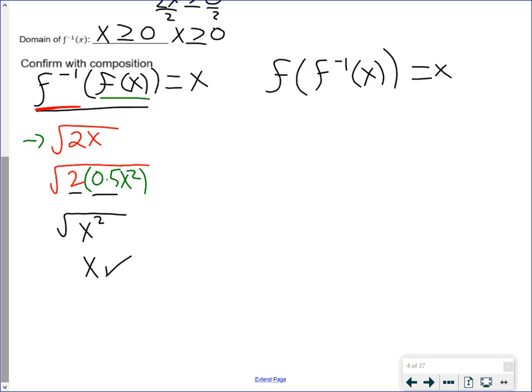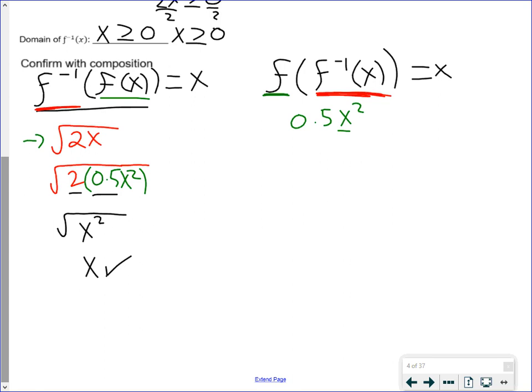Next, we're going to do the same thing with f of f inverse of x. So again, we have this f function over here, and we're going to put it in terms of the inverse. Or in other words, we're going to rewrite our f of x function, which is 0.5 x squared, and replace the x value with our f inverse of x.